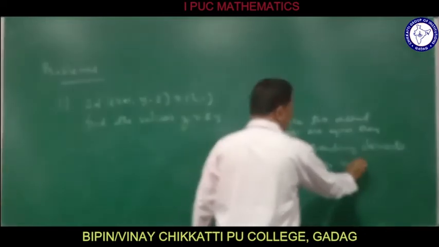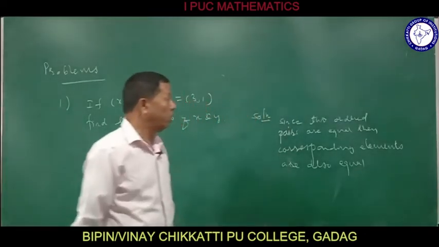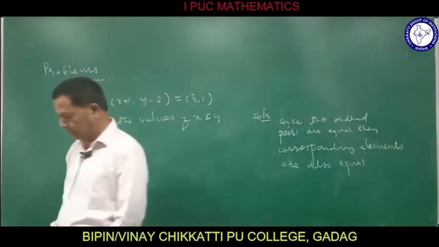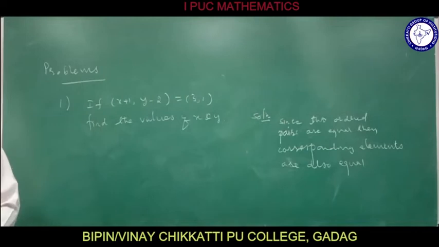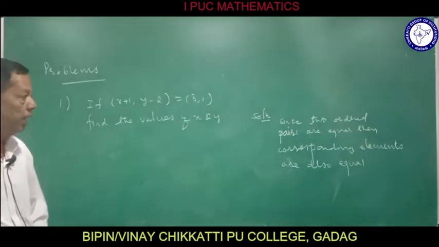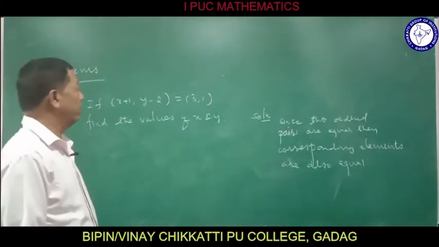This is the definition of two ordered pairs being equal. Once again I repeat, when two ordered pairs are equal, the corresponding elements are also equal.